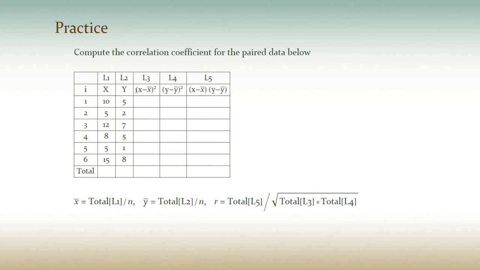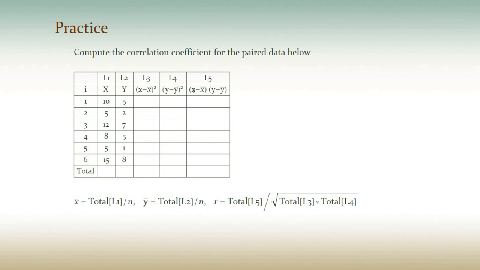And then for my formula, I'm going to use three lists. I'm going to take each of the x's minus its mean and squared. For list 4, each of the y's minus its mean. So whatever the number is in here, remember I can do something like list 1 minus the numeric value of the mean squared in parentheses for list 3, and I can do list in parentheses list 2 minus that numeric value of the mean from here squared.